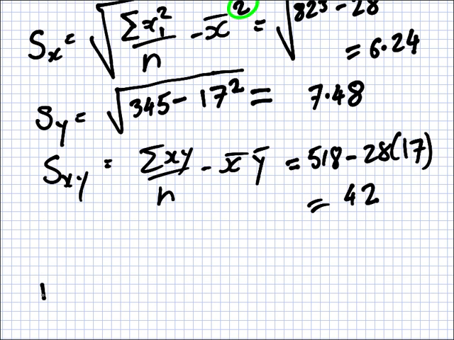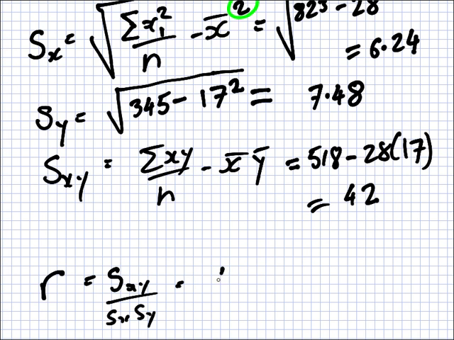Right, part 2. What's the correlation? So as you said, Amjad, the formula is Sx, Sy over Sxy, isn't it? It's in the formula book. So that's 6 point... I have it upside down? Sorry. Sxy over Sx, Sy.